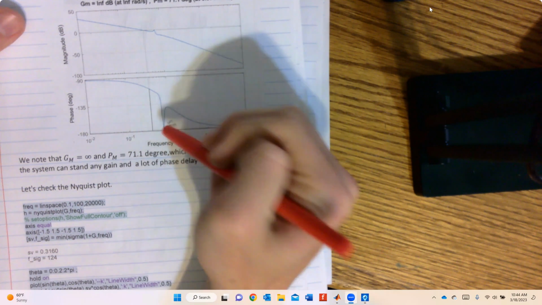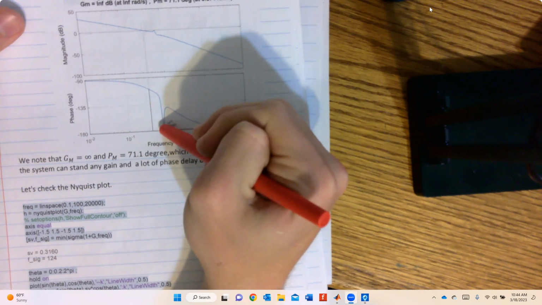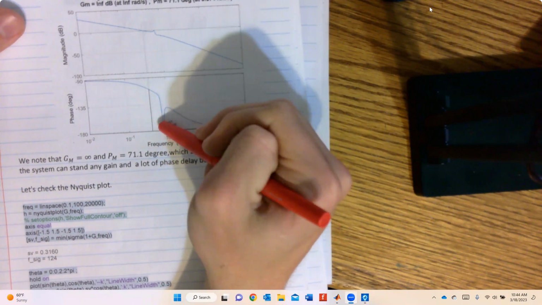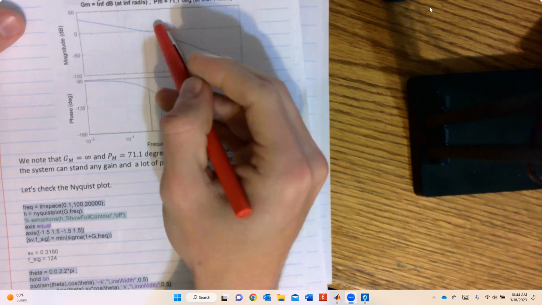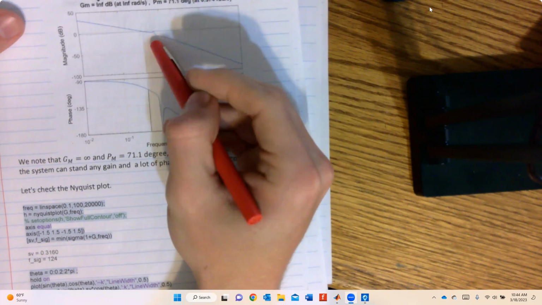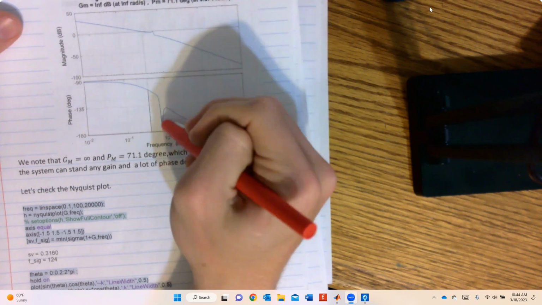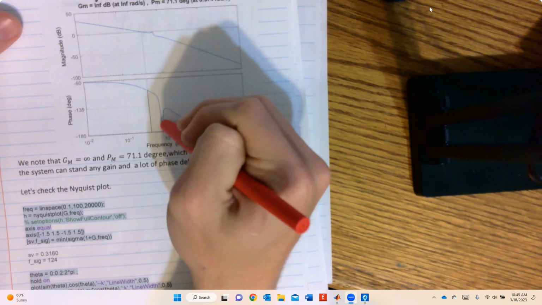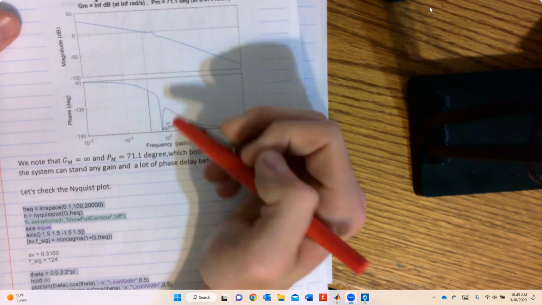There's not much phase between here and -180. So it's going to hit the -180, and it's going to cause your gain margin to be a finite value. Just watch how it's telling you, because if you apply a little bit of phase here and change it, it's going to cause you to actually have a gain margin.